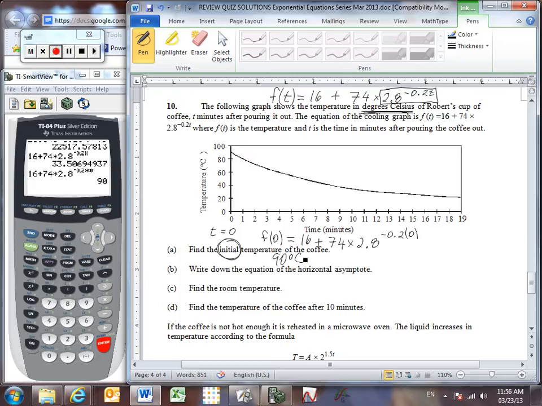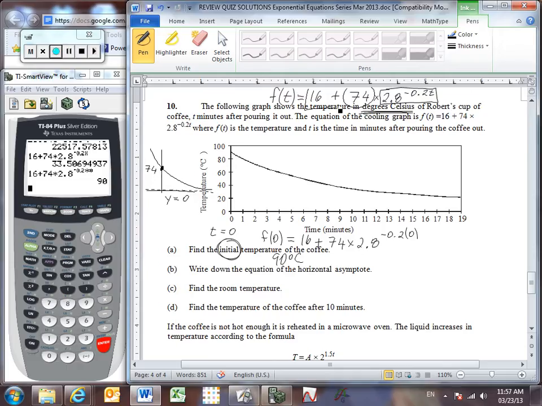Part B, write down the equation of the horizontal asymptote. Alright, in an earlier video I reminded you that in any exponential growth or decay function, your horizontal asymptote is normally along the horizontal line whose equation is y equals 0, the x-axis. And as I showed you already, this coefficient of 74 implies that our y-intercept would normally be at 74.